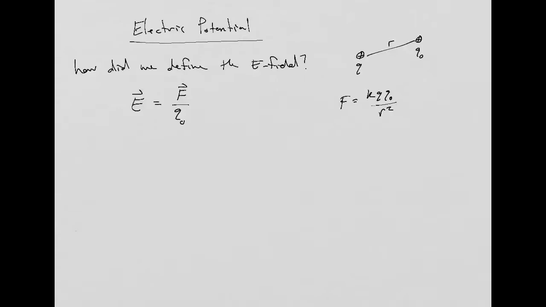I think it was implied that this force is a shared quantity. Now that we've talked about what a shared quantity means, the force on Q from Q naught is going to be the exact same as the force on Q naught from Q. Okay, they both feel a repulsive force.